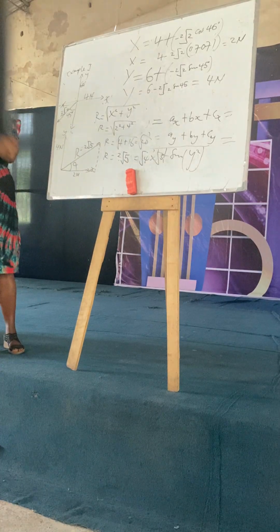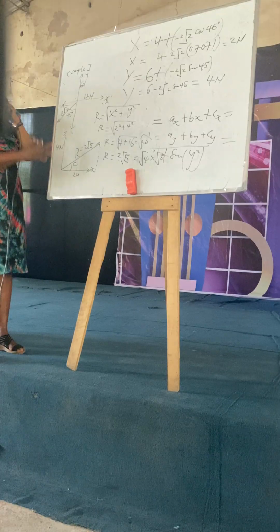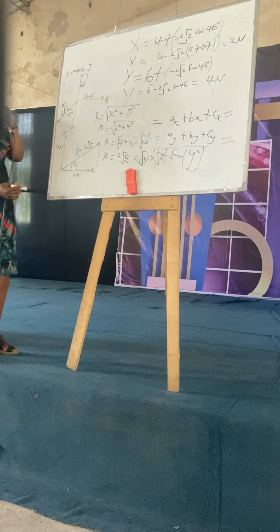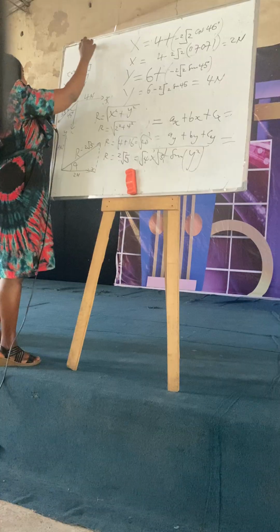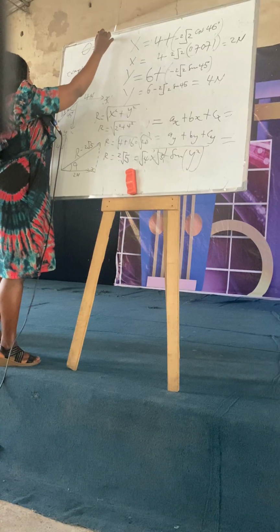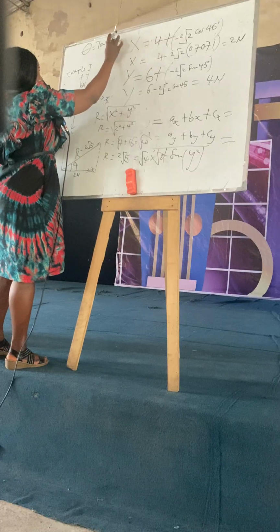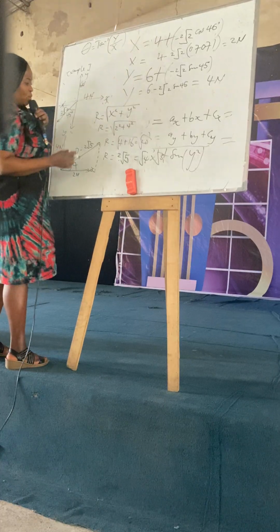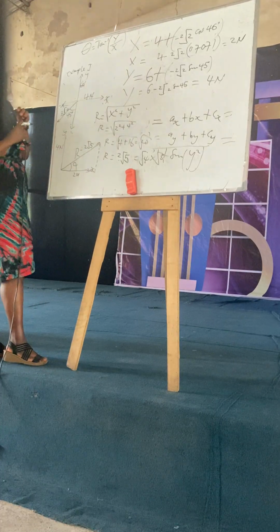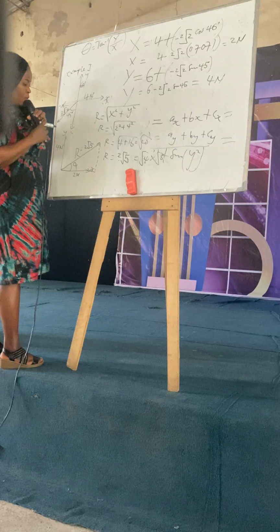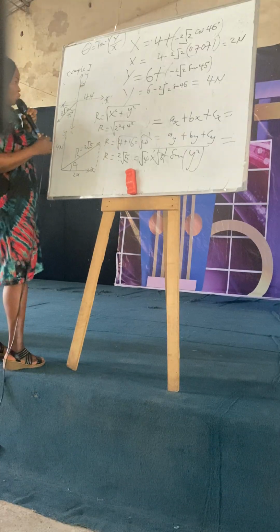Then we want to calculate our direction. Because it is inclined at theta, we say that our direction theta is equal to tan inverse of y over x. And y is 4, all over 2.